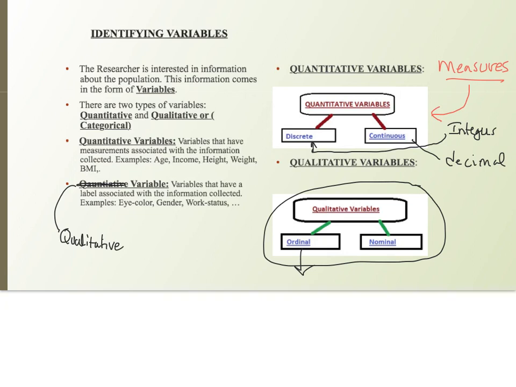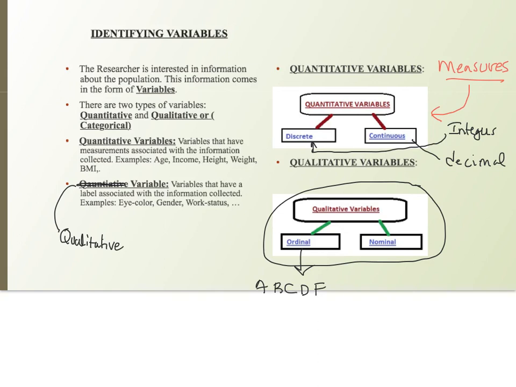For example, if grades are assigned A, B, C, D, and F, there is a hierarchy. A is the best grade, B is the next, C is average, D is a little bit below average, and F is failure. So that's a hierarchical, ordinal, qualitative variable.